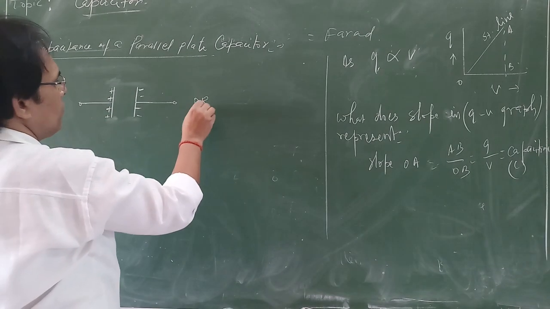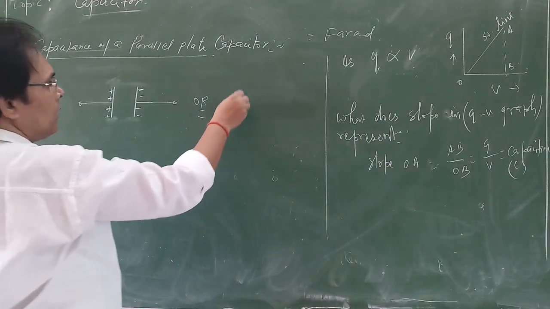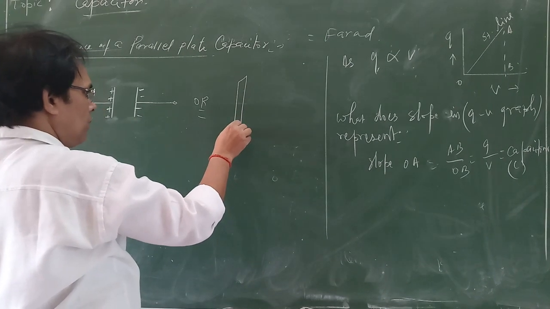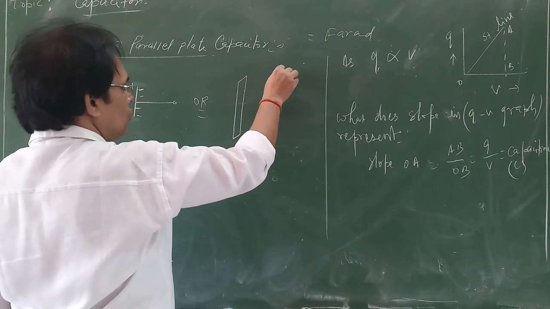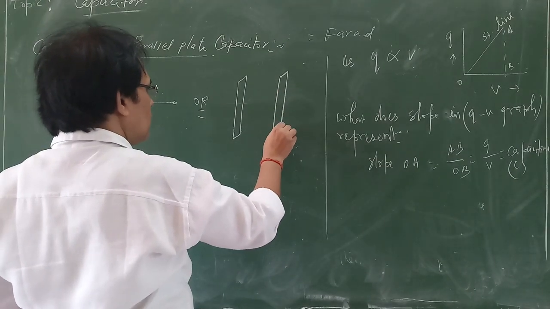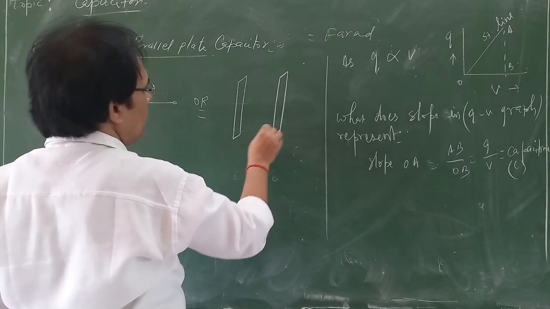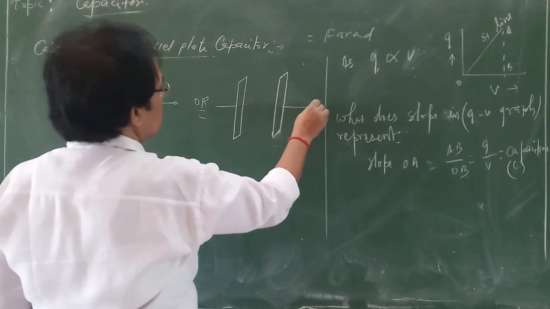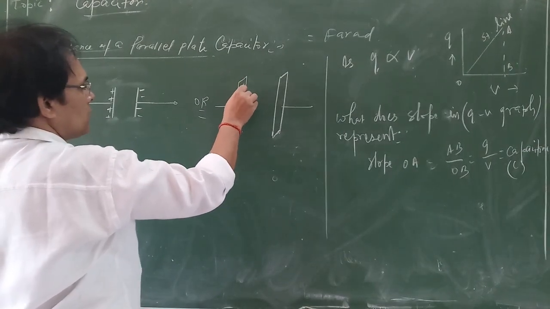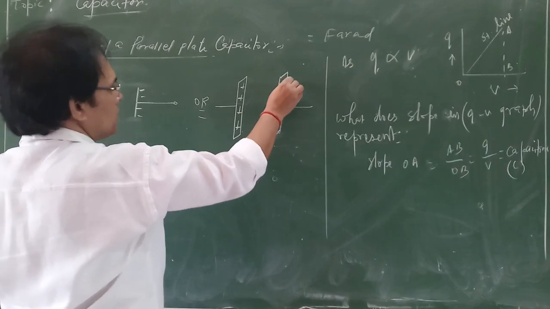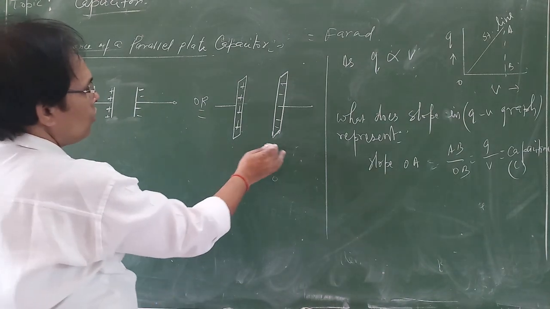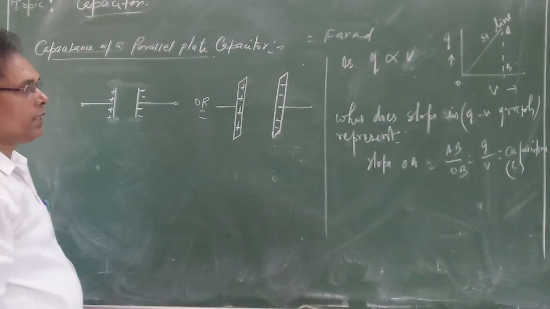Or you can use the symbol of plates. If you show it like a plate, these are the two plates of the capacitor. This one has a positive charge and this one has the negative charge. You know that between the two plates of a capacitor an electric field is set up.